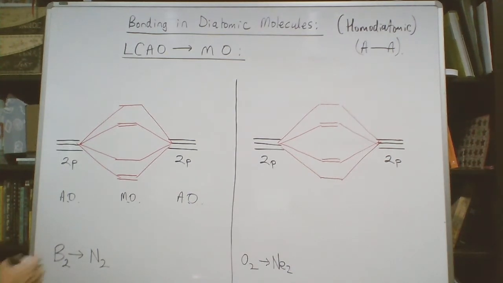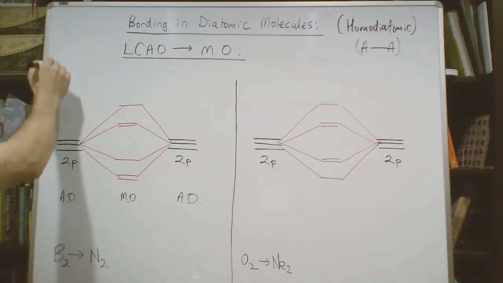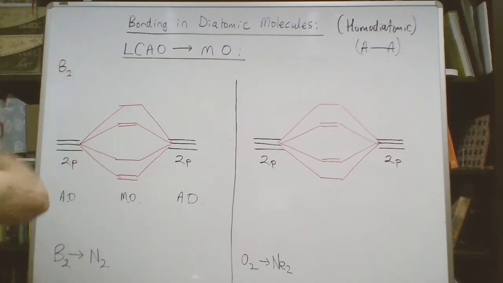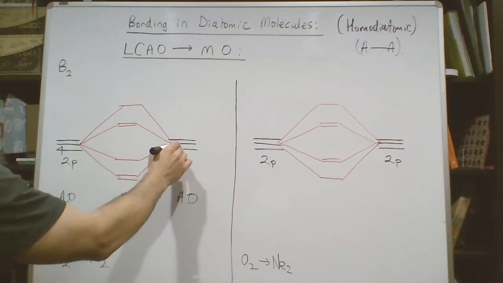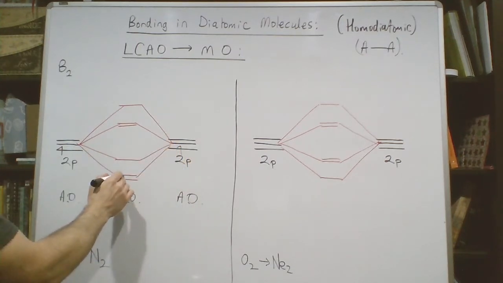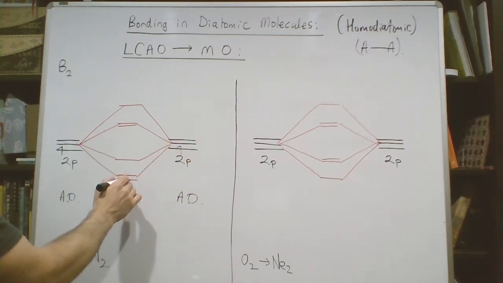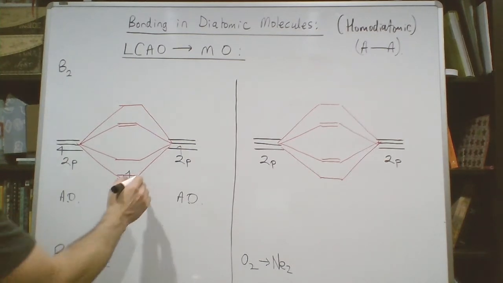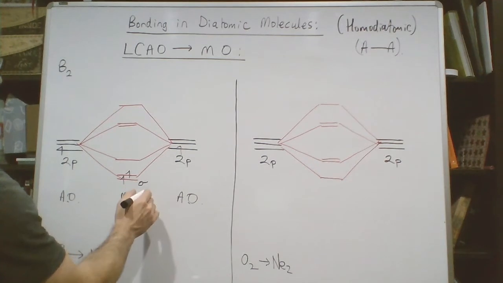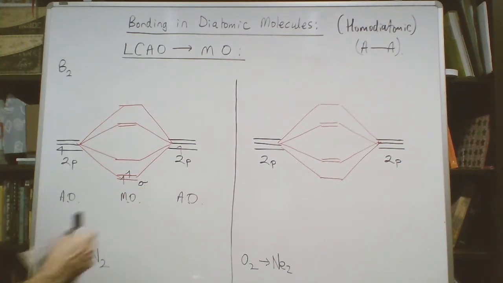Well, let's start with B2. B2, so we'll take for granted that we've already got the 1s2 and the 2s2 already filled. Boron 2 has now a 2p, so they would flood down into this. This wouldn't be sigma at all.